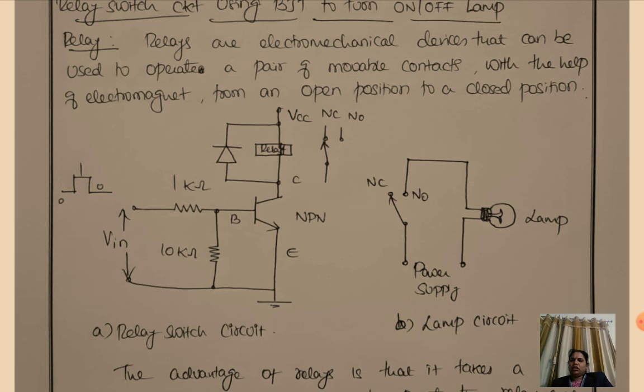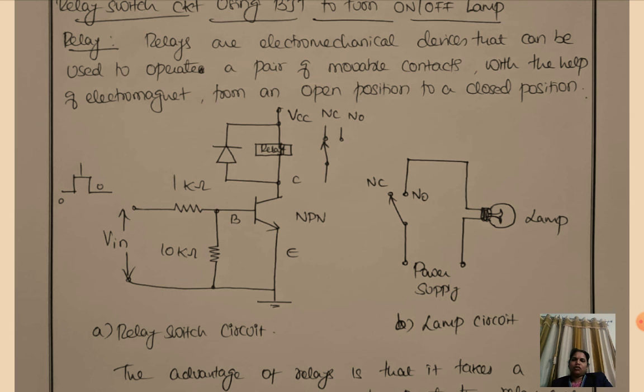Now if the input voltage, that is the square wave, goes high, this high voltage is enough to put the transistor in forward bias condition. Once the transistor is under forward bias, there will be base current. This base current will produce the collector current across the collector terminal.